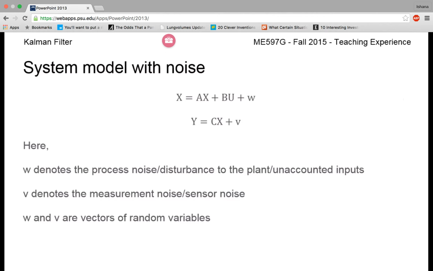Now we say that all the elements in W and V are noise variables and they're random variables. We will talk about how exactly we've modeled noise in the next slide.